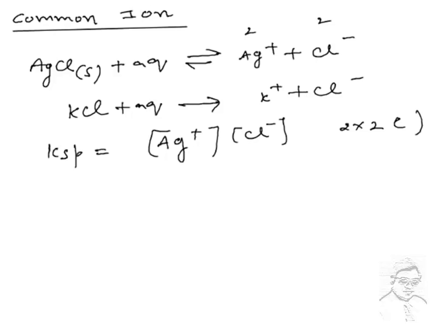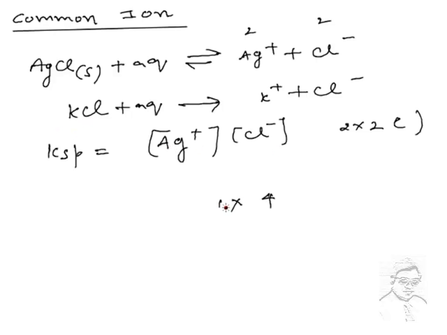But now suppose KCl is giving 4 of Cl minus, 4 into 1 is 4. Now Ag plus can be 1 only, isn't it? Ag plus can be 1 only if Cl minus is 4 thanks to KCl.